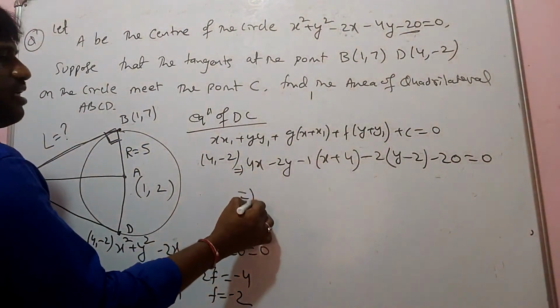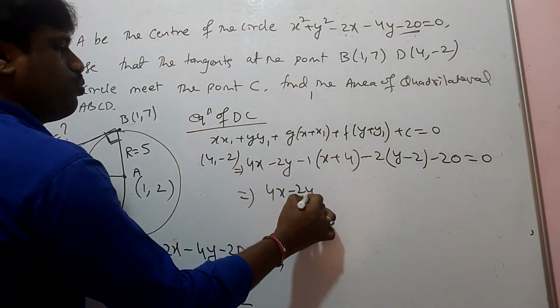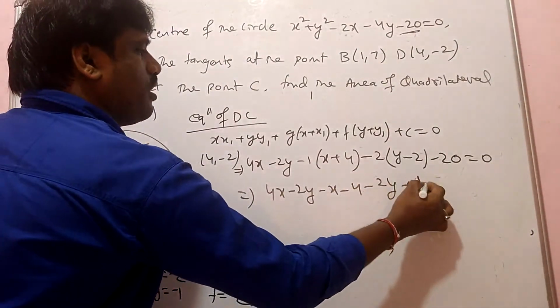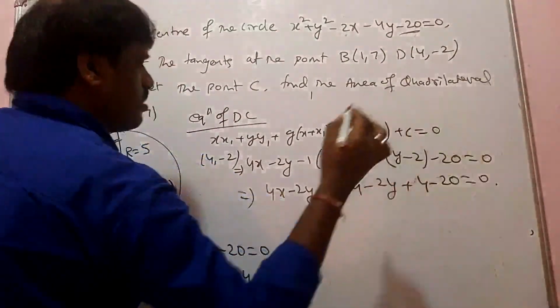So what I am getting here, if I simplify: 4x minus 2y minus x minus 4 minus 2y plus 4 minus 20 is equal to 0.